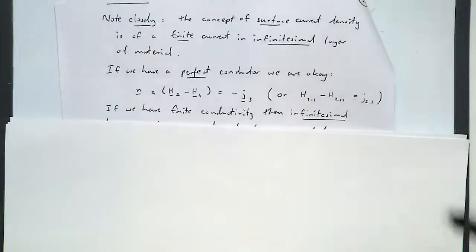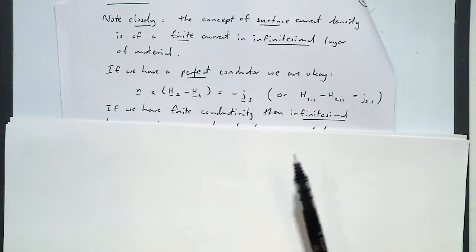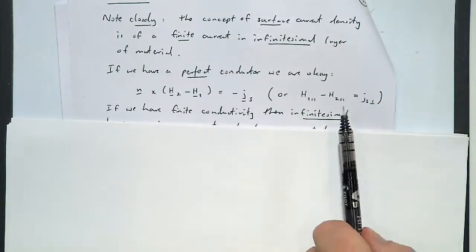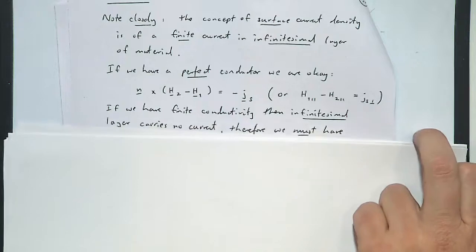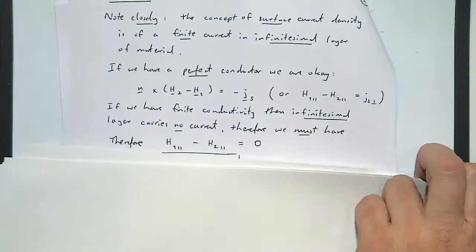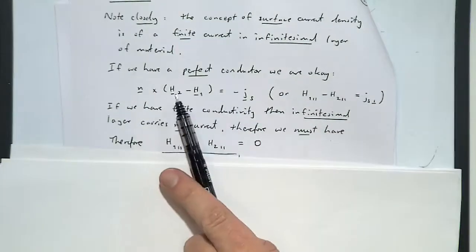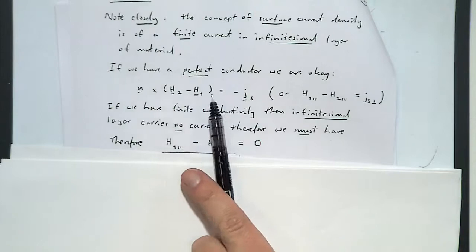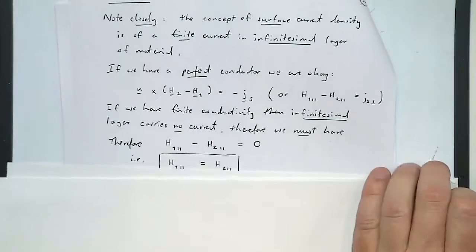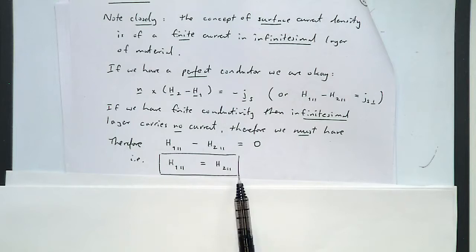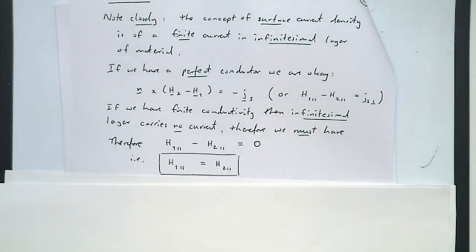However, if we have a finite conductivity, then an infinitesimally thin layer cannot carry any current at all. So if we have a perfect conductor, we can maintain a difference in the magnetic field across the boundary. But if we have a finite conductivity, then the parallel components of H across the boundary must be equal to each other, which is a little counterintuitive to start with.